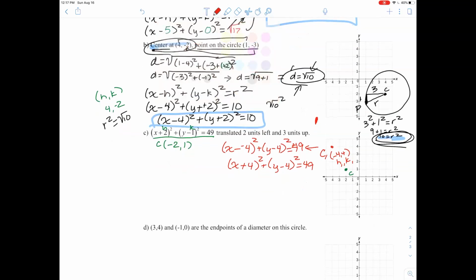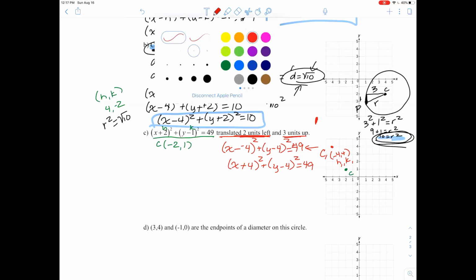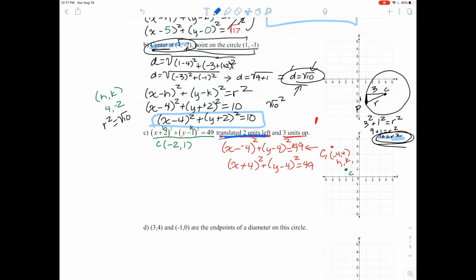Another way to do it, algebraically, is this: if I'm moving something to the left, I'm changing the x coordinate, and if I'm moving something up, here I'll do it in blue. If I'm moving left, I'm going left 2 units. So that means I'd be subtracting 2 from the x coordinate.